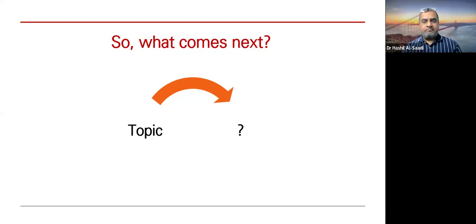Once we have the topic, I think the next step to think about is, of course, the method. So I've already decided on my topic. I want to investigate the use of AI among my students. But the next thing to think about is how I'm going to do it.